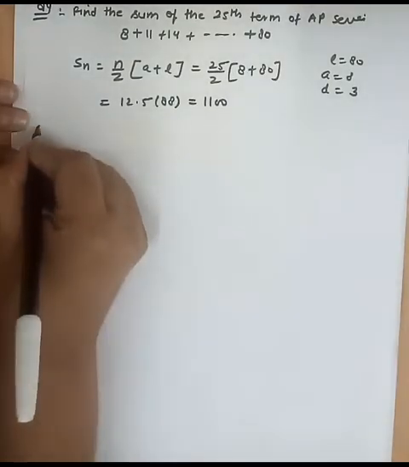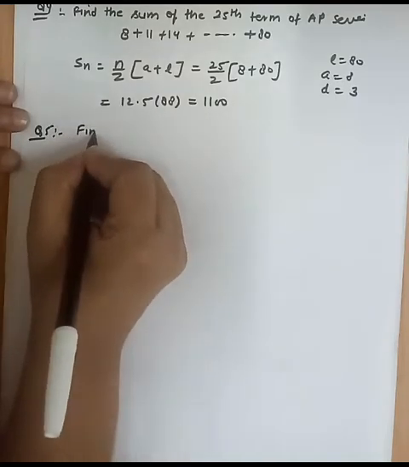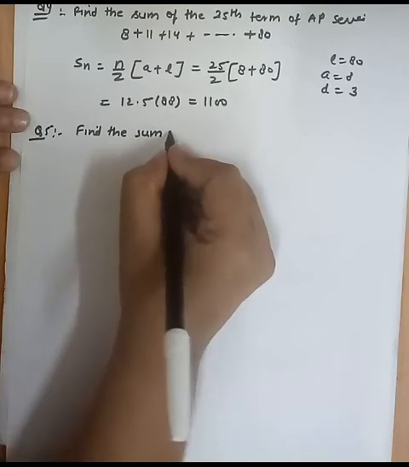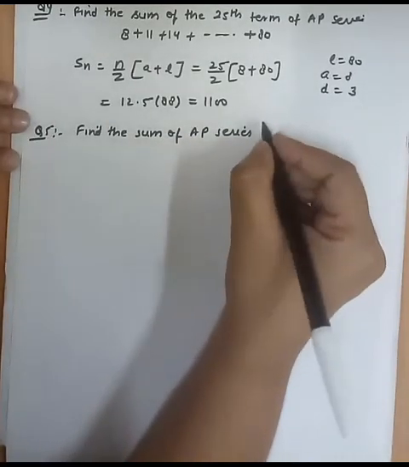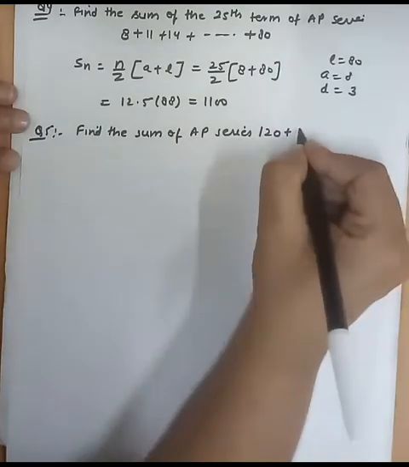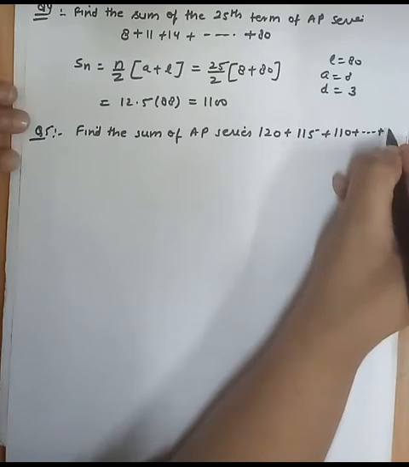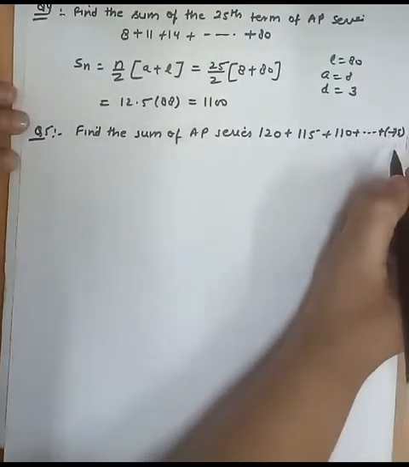Now take the next question. Question number 5. Find the sum of the AP series. The series is 120, 115, 110 and so on up to minus 75.